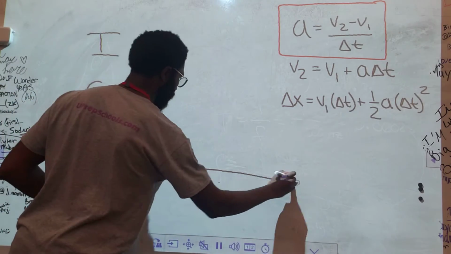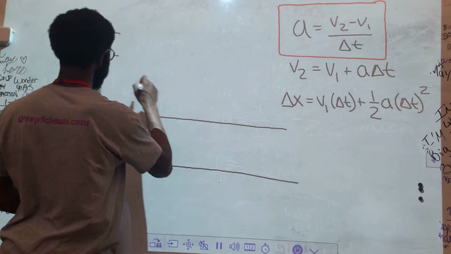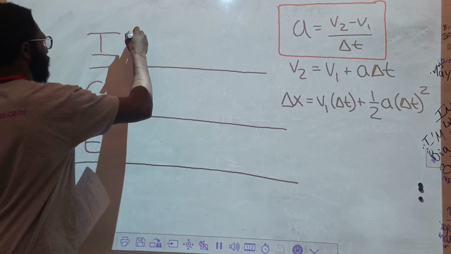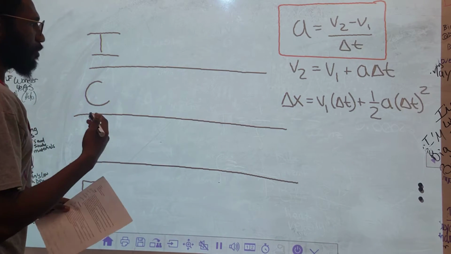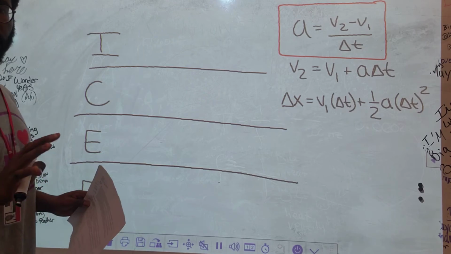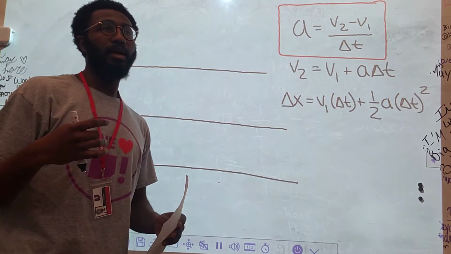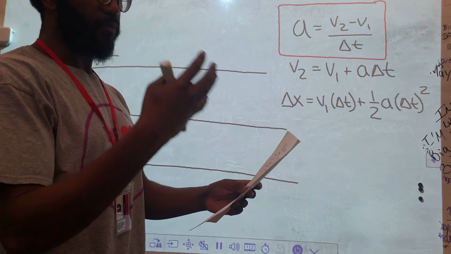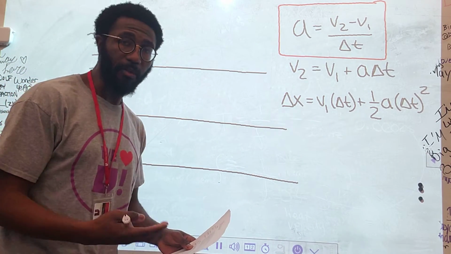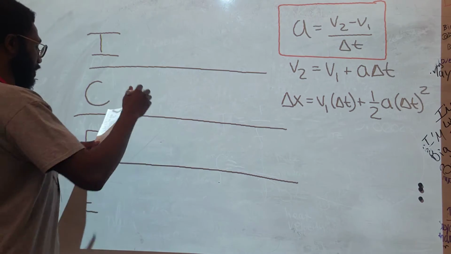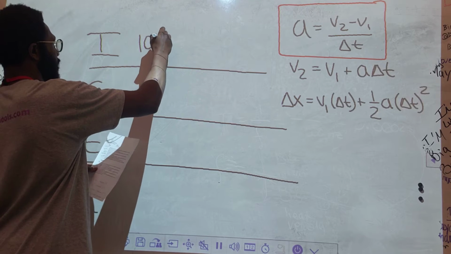Let me draw my lines in here. Okay, so again, what we want to do is just write our knowns and unknowns, right? We just want to write the measurements, the numbers that they're telling us in the problem. So it says the initial velocity is 10 meters per second.